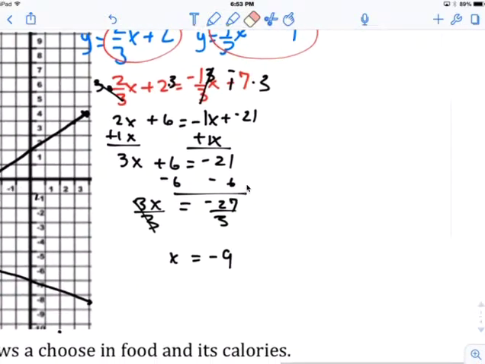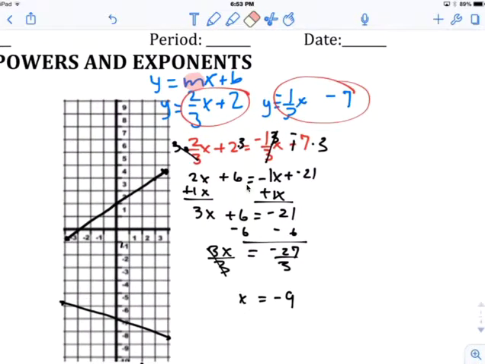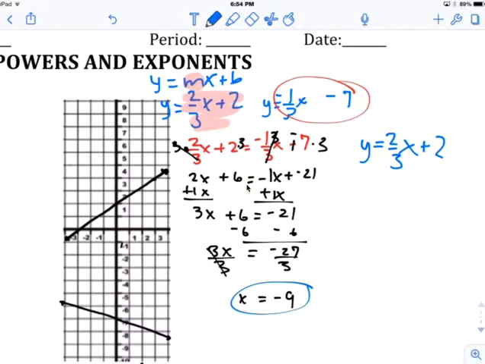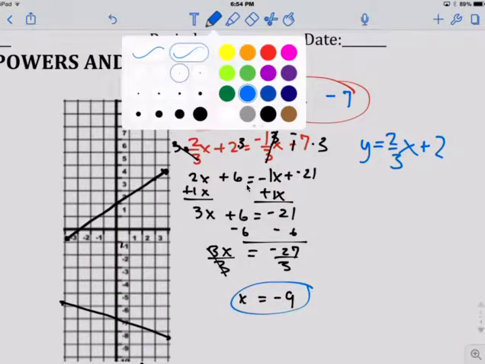Alrighty, so I like to use positive, especially when I multiply, so I'm going to use this one right there. I'm going to use y equals 2 over 3x plus 2. I'm going to substitute this negative 9 into x right here.